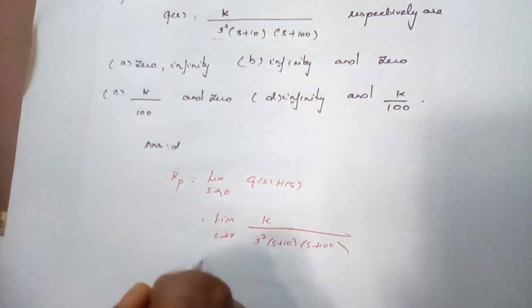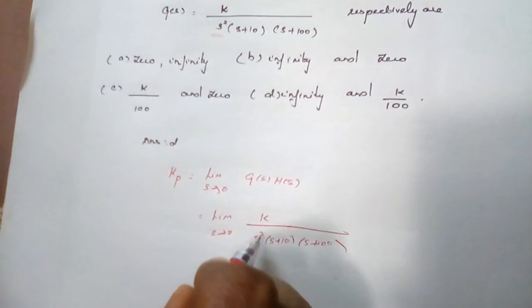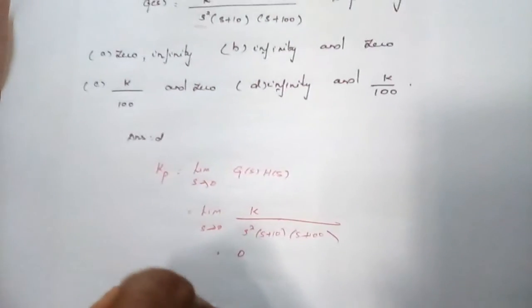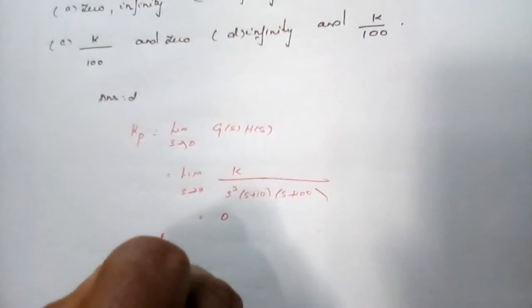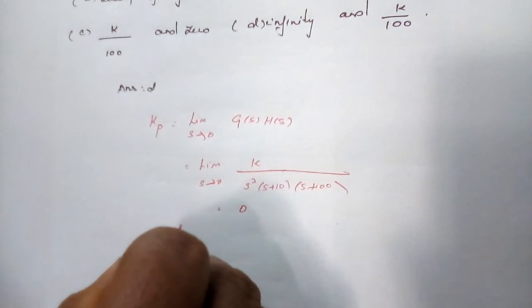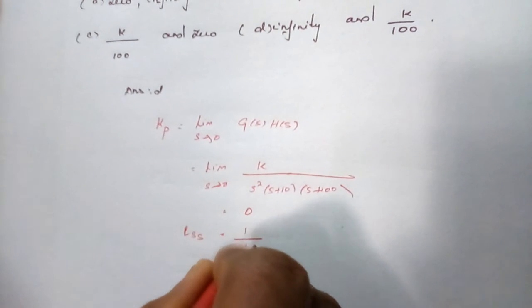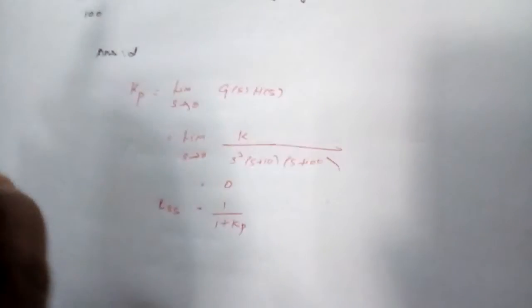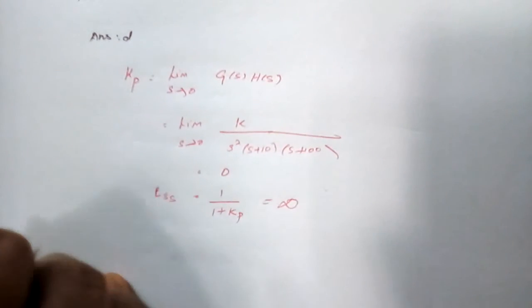I have K divided by 0. Anything multiplied by 0 is nothing but 0. K divided by 0 is infinite. So for Kp, I have the ESS, also known as the positional error. ESS is equal to 1 by 1 plus Kp, right? Steady state error. So for the particular type 2 system, it will be equal to infinite, right?